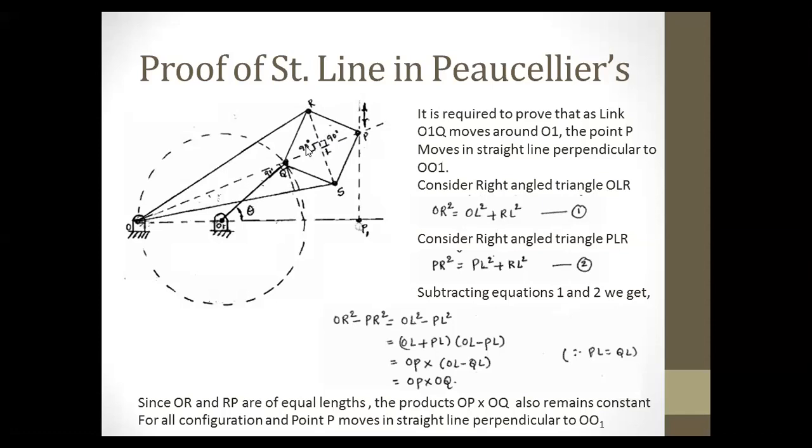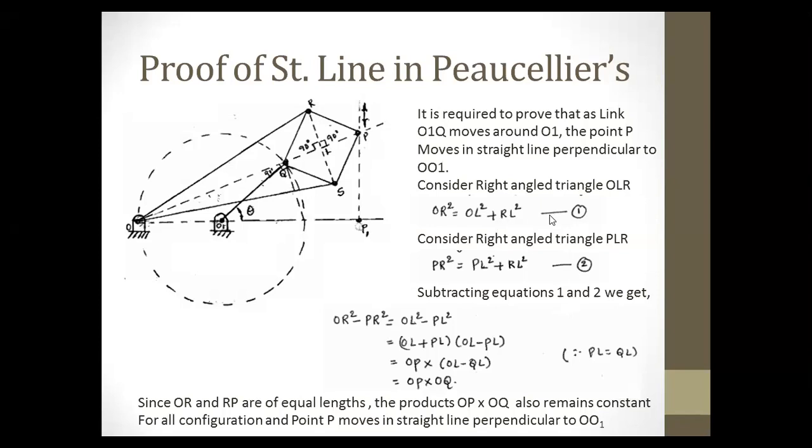Hypotenuse OR square is equal to OL square plus LR square, according to Pythagoras theorem. So OR square is equal to OL square plus RL square. This is equation number 1.